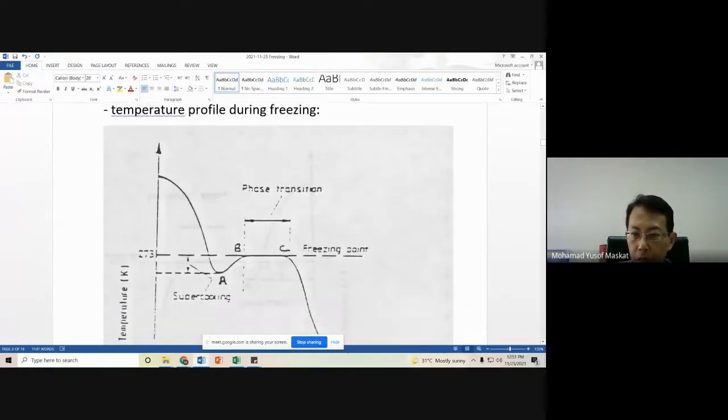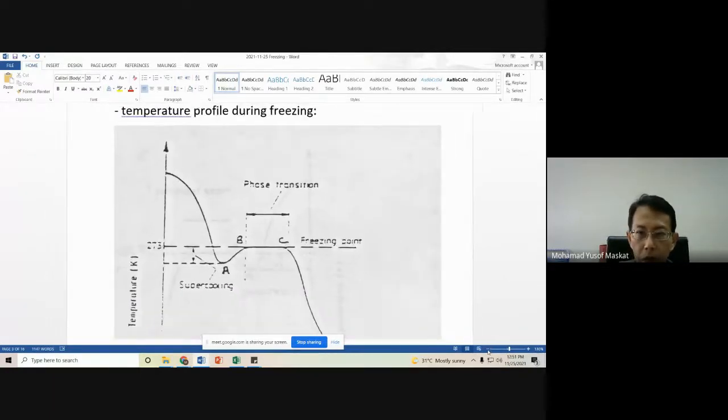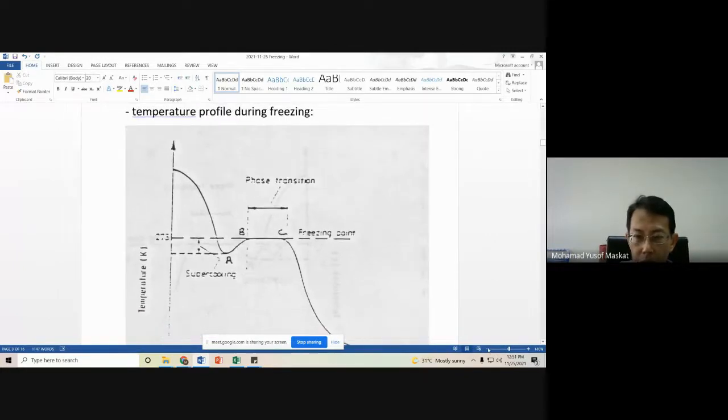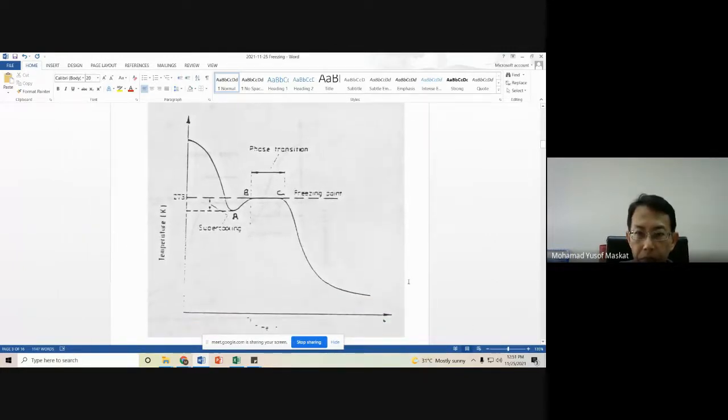Okay, so let's take a look at the temperature profile during freezing. For example, this is time over here, and this is the temperature. We have a product, basically pure water, and then we lower the temperature, meaning that we are going to freeze it, and we want to look at what happens to the temperature over time during the process of freezing.